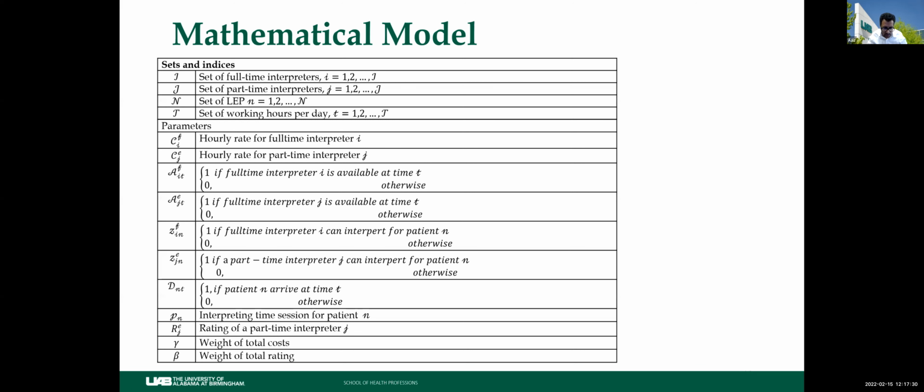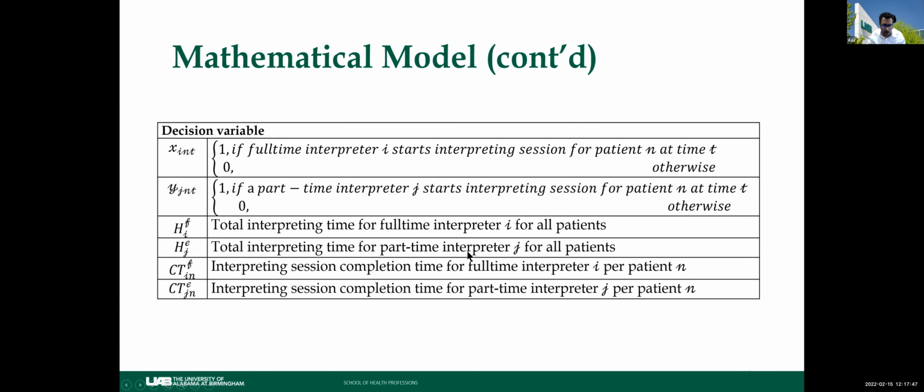We use that rating to represent the quality of the part-time interpreters. And of course we need to weigh between the total cost and the quality, and then we find the best combination.